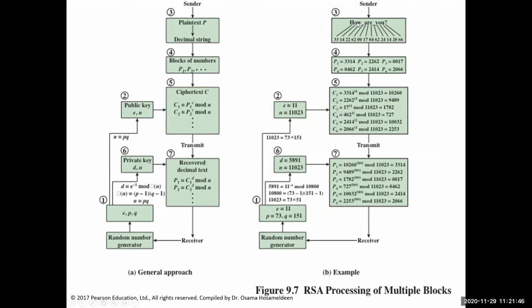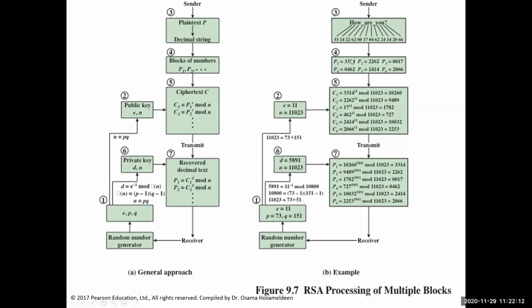For example, H and O together is going to give me a number which is 3,314. And here n should be large to cover this P1. How to read it? 11,023. So it is 11,023.